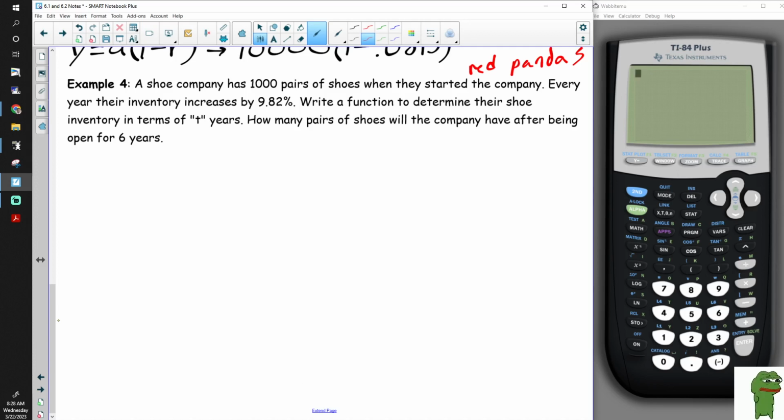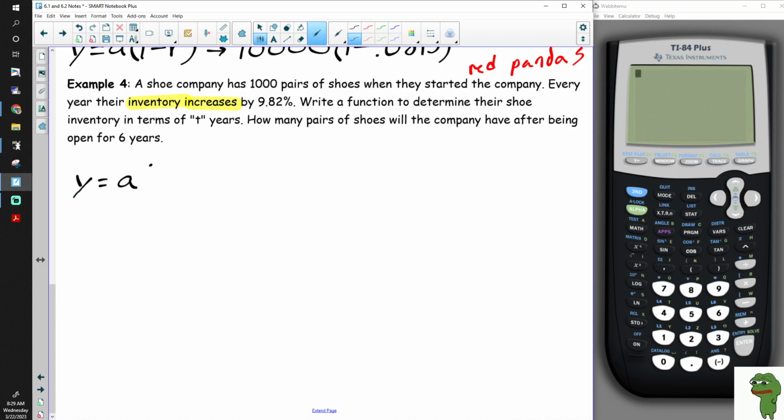Okay, so first things first, is it decay or growth? Growth. What word gives it away? It is increasing. The inventory increases. If the inventory is increasing, we are going to model using exponential growth.